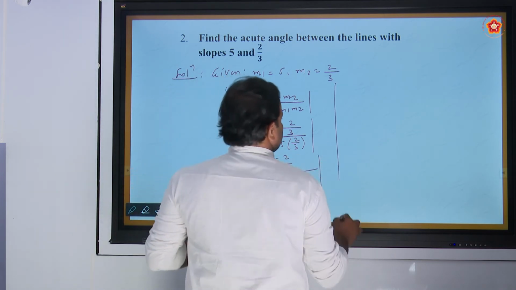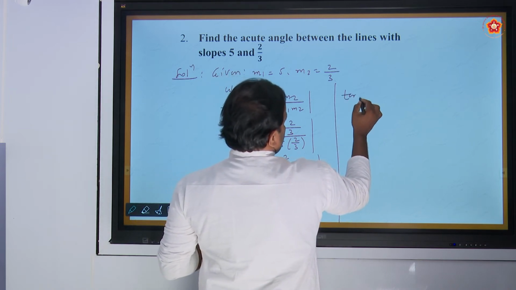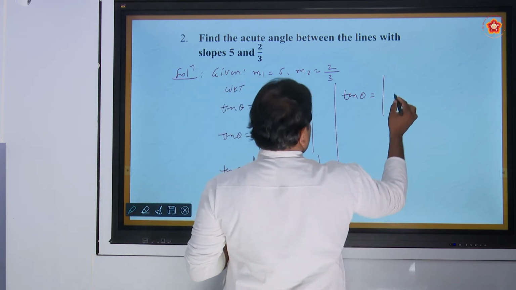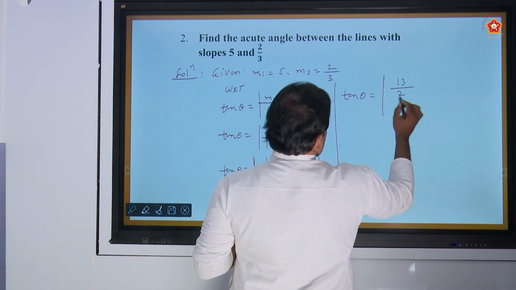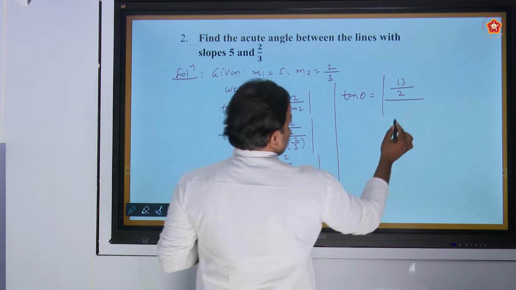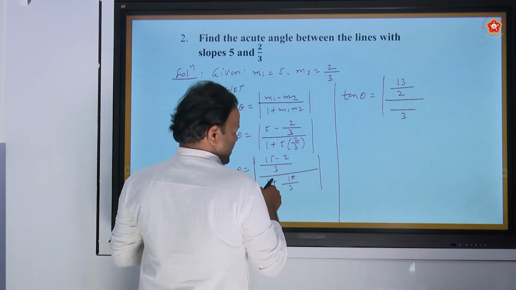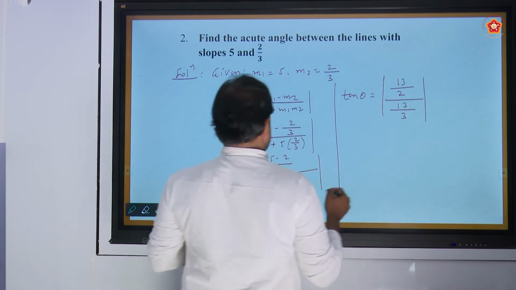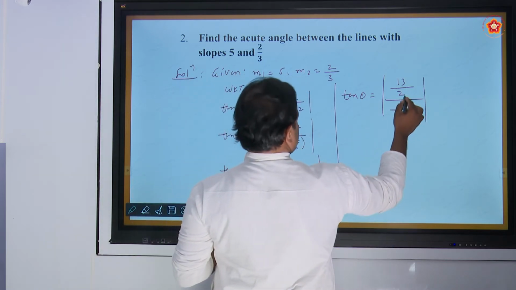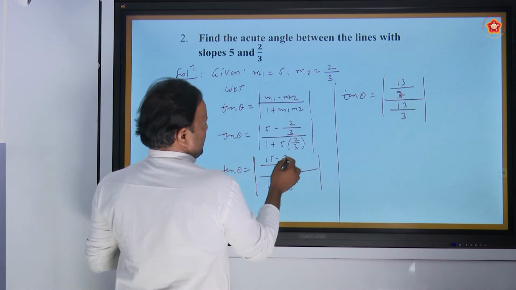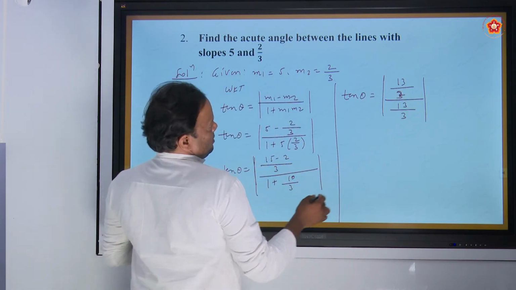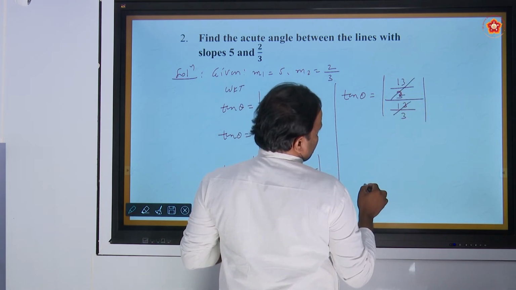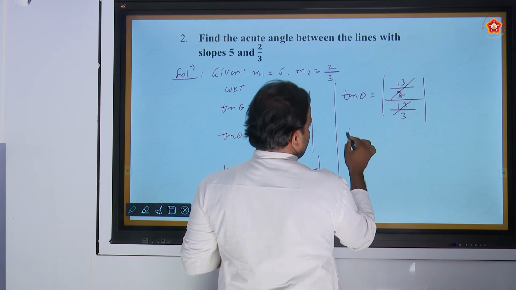So, tan theta is equal to mod of 15 minus 2, which is 13 by 3, whole divided by, LCM is 3, 3 ones are 3, 3 plus 10 is 13. So this is also 3, not 2. 15 minus 2 is 13 by 3. So, I think 13 by 3 gets cancelled, correct. What is remaining here?